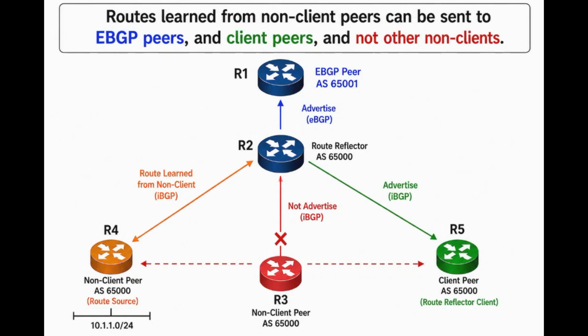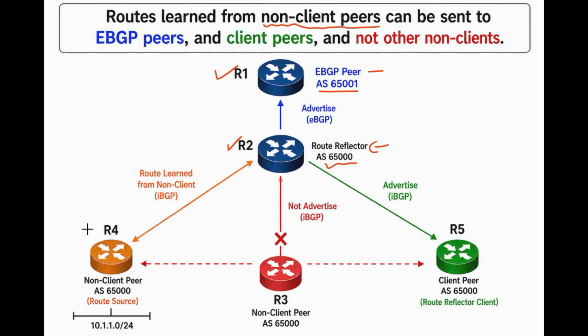Now let's take another example where the route is learned from a non-client peer. Let's understand the topology. R1 is an eBGP peer in AS number 65001. R2 is our route reflector in AS 65000.